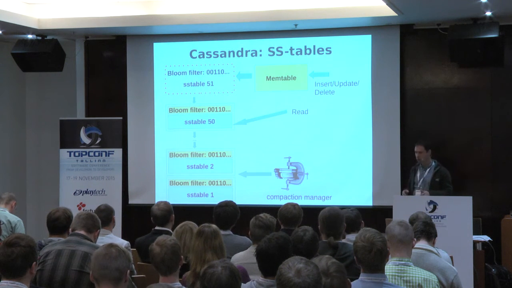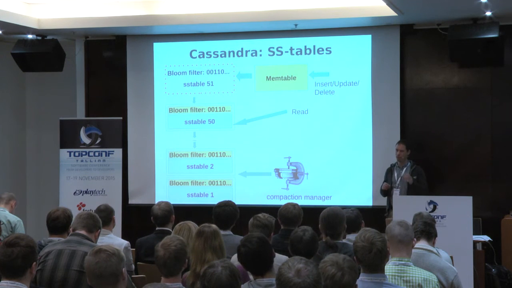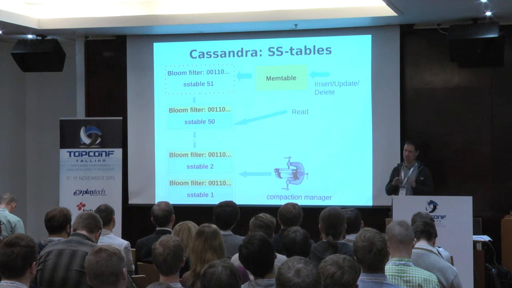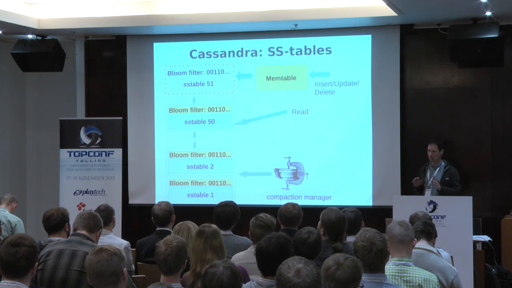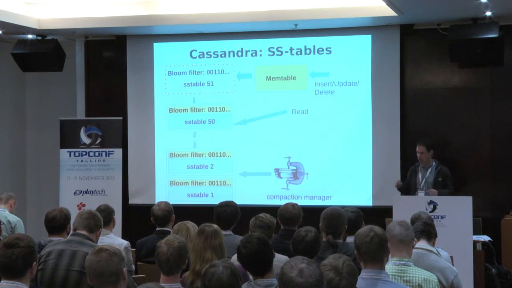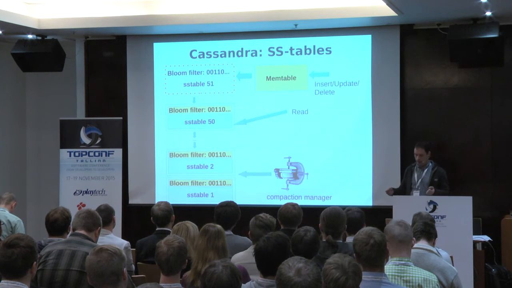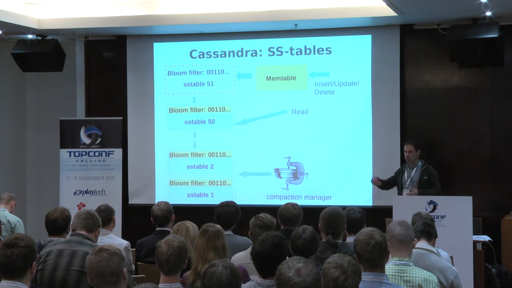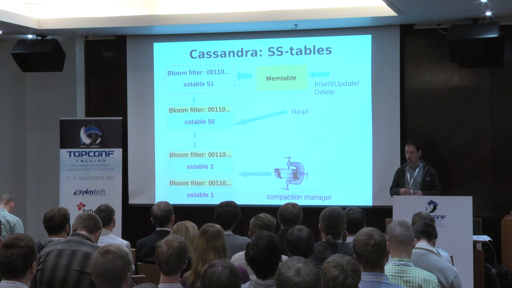And normally in practice you get either one SS table or like 4 to 5 tables. It's somewhat tunable, depending on the amount of memory you have for Bloom filters. And then the read operation can very effectively look up and extract the necessary data.